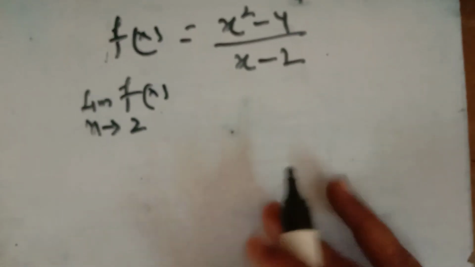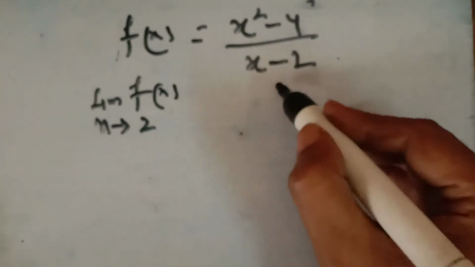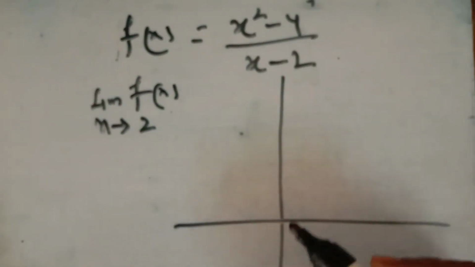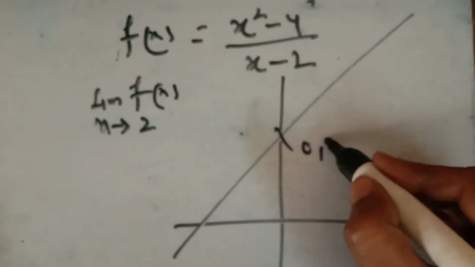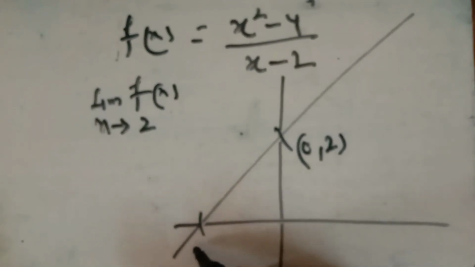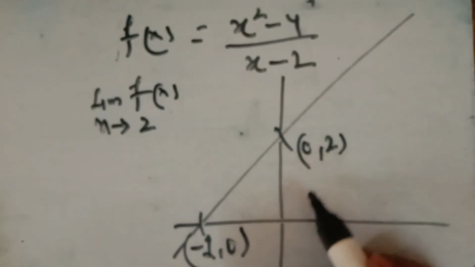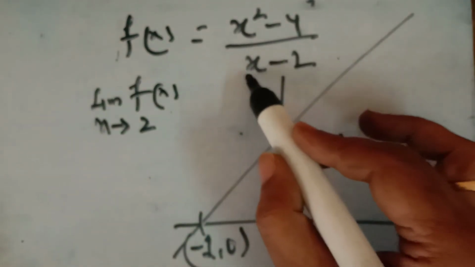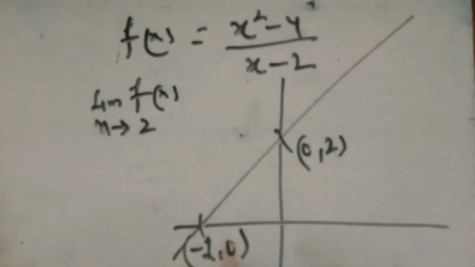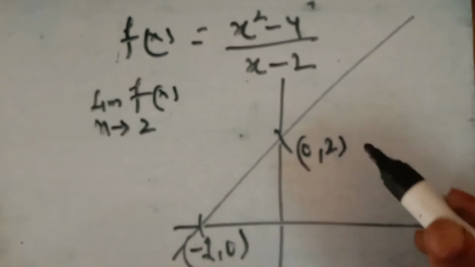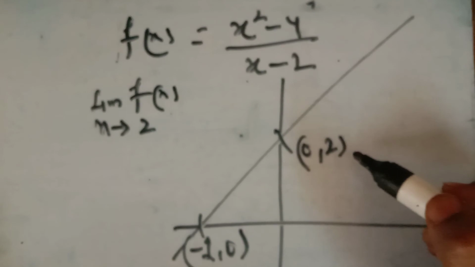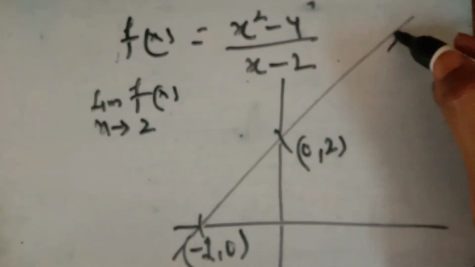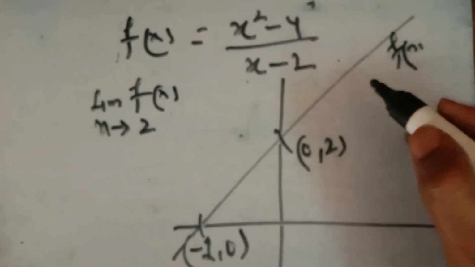If you draw the diagram or the graph of this function, you'll get this diagram: 0, 2, and minus 2, 0. When the value of x is equal to minus 2, the value of f(x) is equal to 0, and when x is equal to 0, the value of this function is equal to 4.